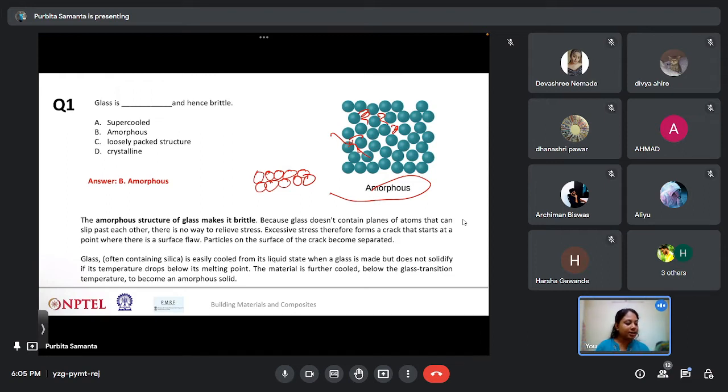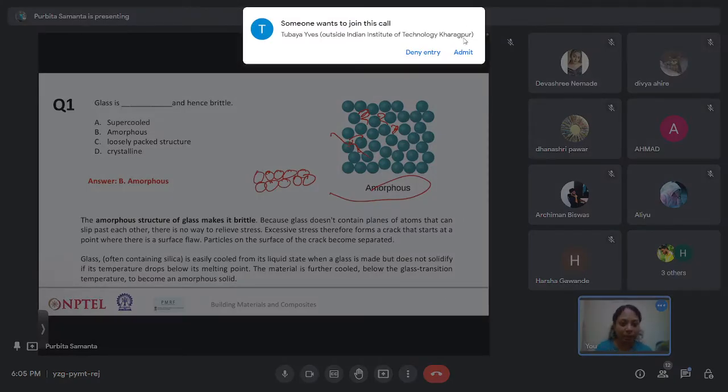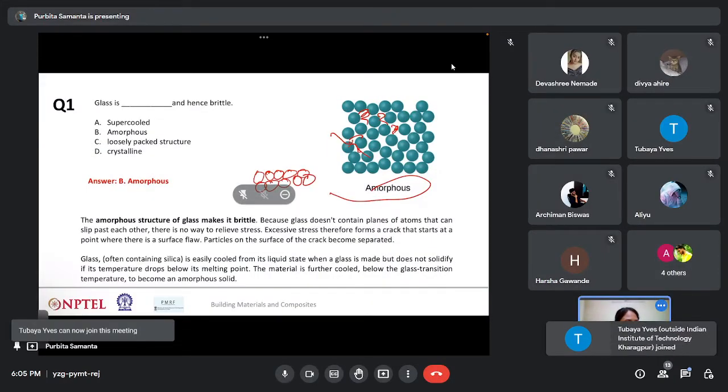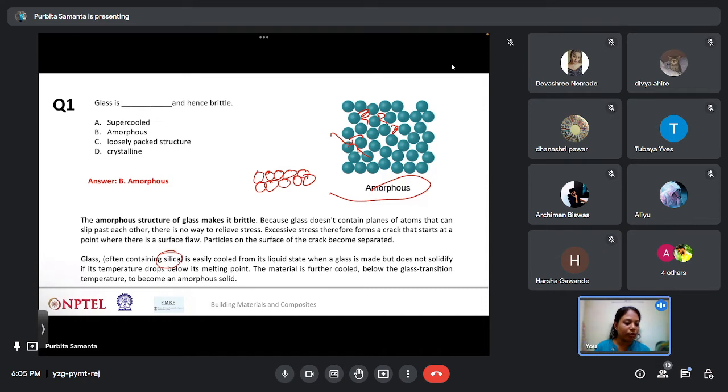So how is glass converted into an amorphous solid? Glass contains silica. In our module we have seen the composition, the ingredients of glass.